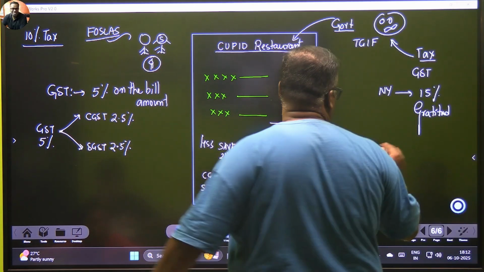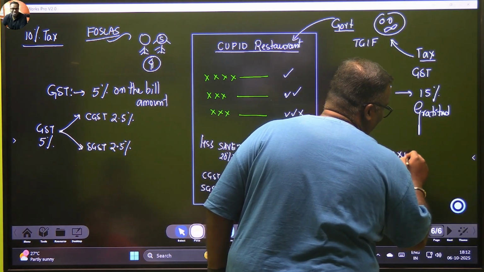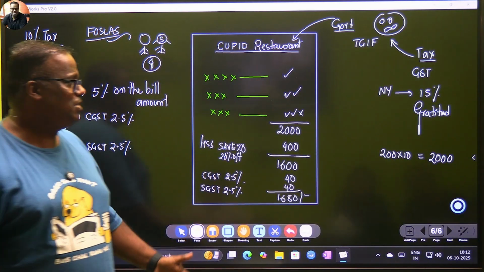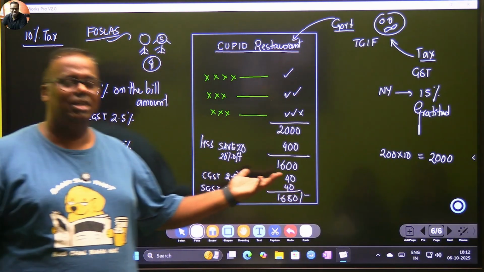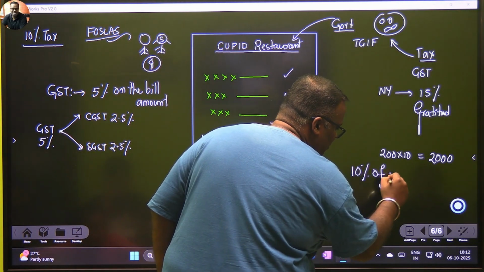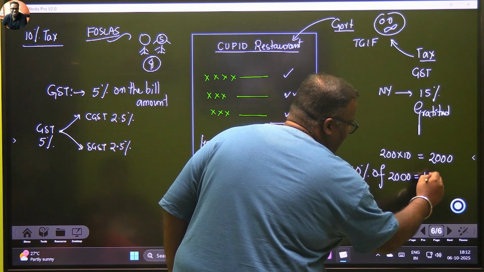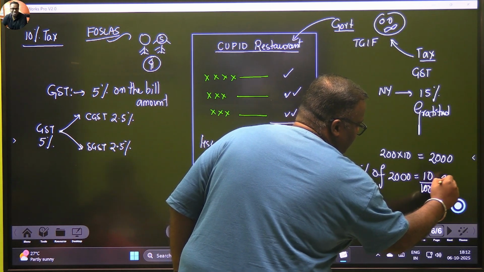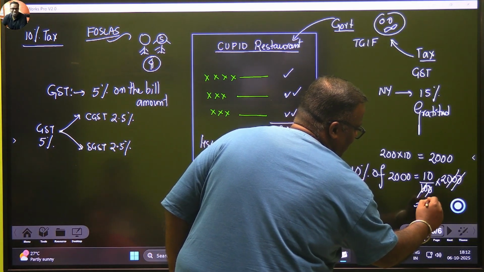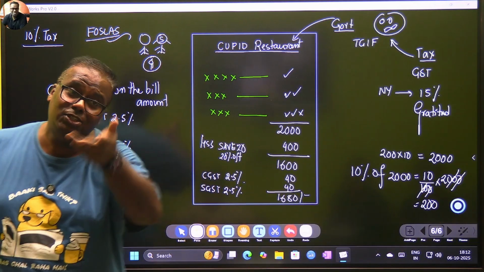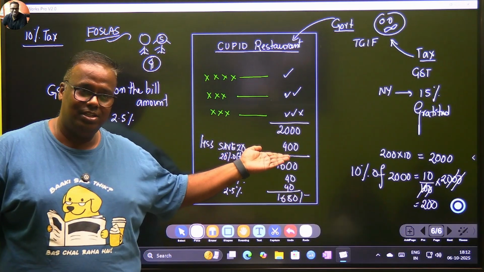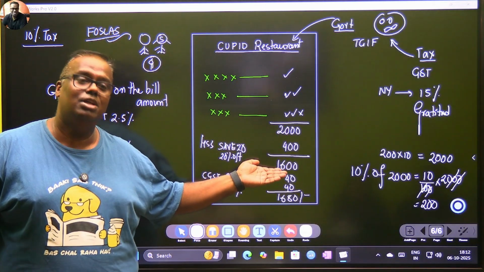If you have a doubt, 200 multiplied by 10 is equal to 2000. 10% of 2000 is 10 by 100 into 2000, which is 200. But he had a 20% coupon, meaning another 200. So 400. His food bill now reduced to 1600.